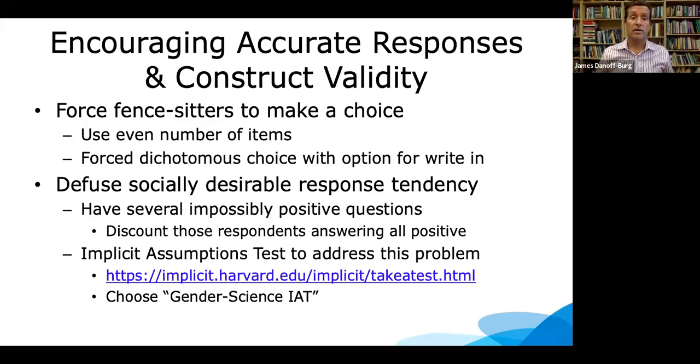So if you put in impossibly positive questions, maybe as a follow-up after you do your first pilot study, which we'll talk more about next session, you could then use that as a way to be able to tell which respondents are telling you the things that they think you want to hear. And then you discount those respondents.